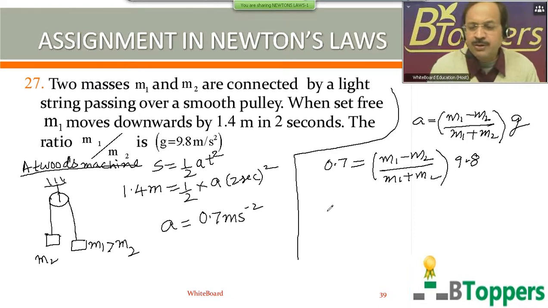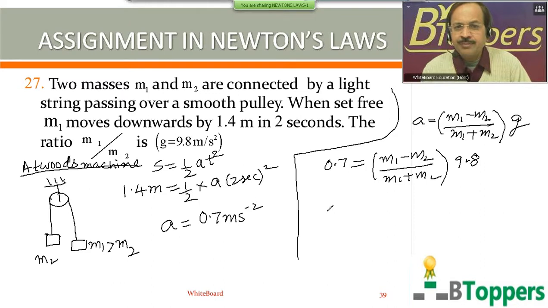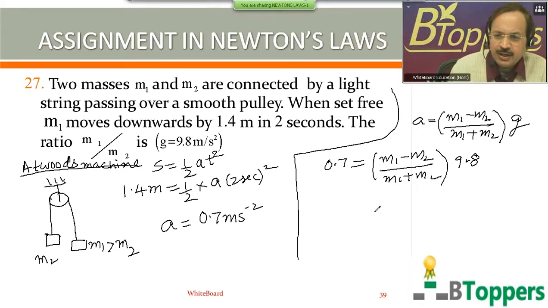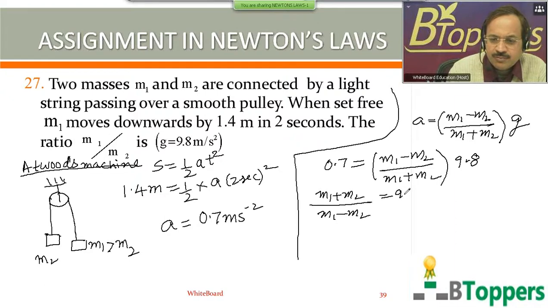Those who want to copy the solution of the problem can start writing the solution. The last part of the simplification they can try to do themselves. So they get M1 plus M2 by M1 minus M2 equal to 14.